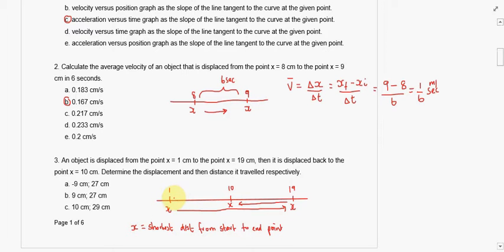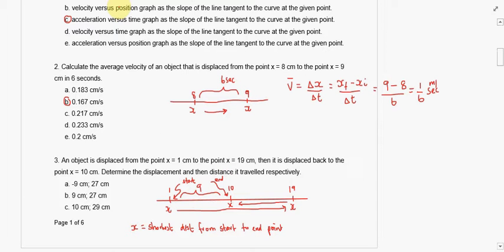Since I started over here, that's my start, and I ended over here, then this would be my displacement over here. So if I ended at 10 and I started at 1, then the displacement is equal to 9.